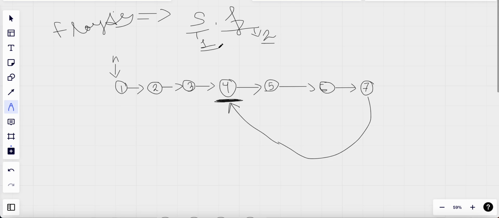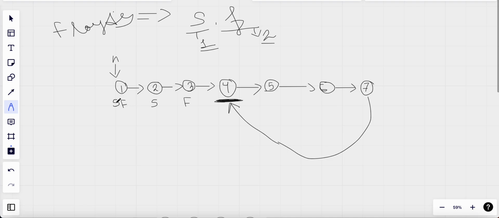First of all, both the slow and the fast pointer will point to the beginning of the linked list, and then in every single move, the slow pointer moves 1 step and the fast moves 2 steps.